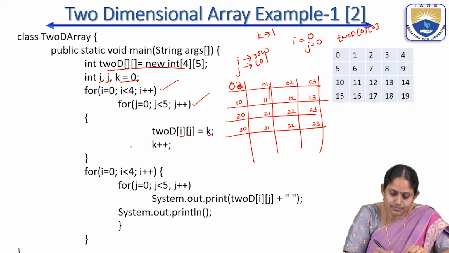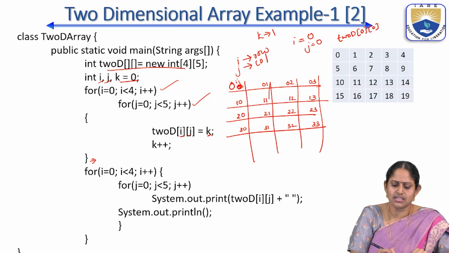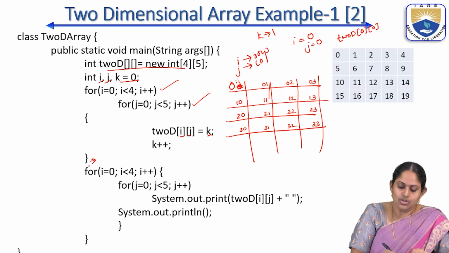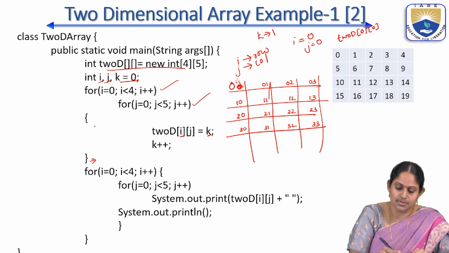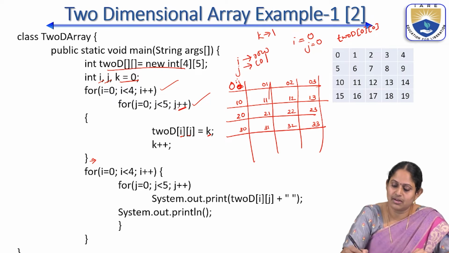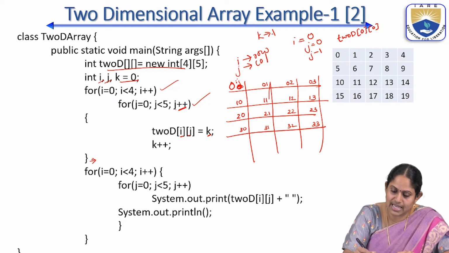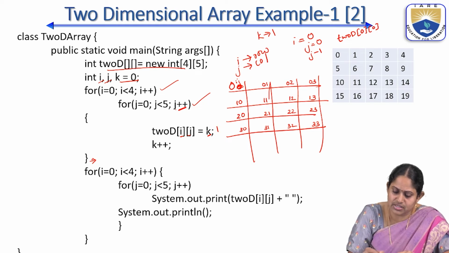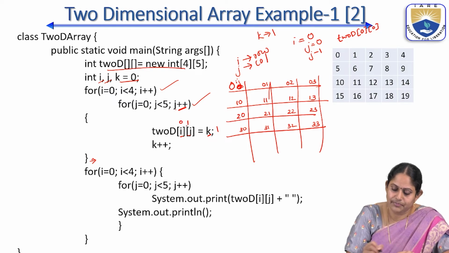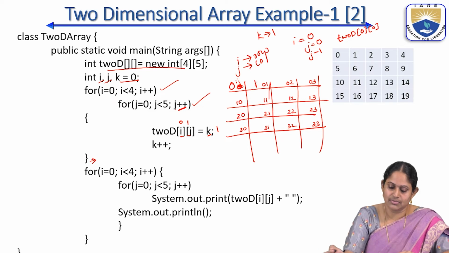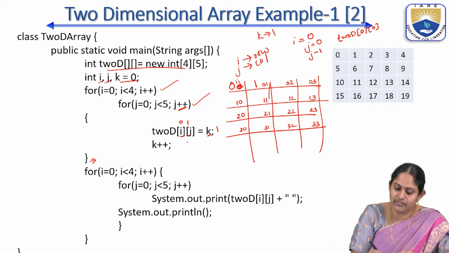So k becomes 1. At this point, it has encountered the closure of the for loop j. Since the loop body is finished, it will increment the j value. j becomes 1. When j becomes 1, it will come to this location. Now k is 1, so 1 will be stored into 0,1. k is incremented, k is now 2.